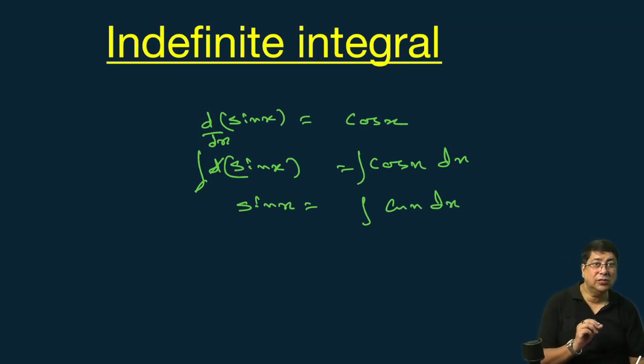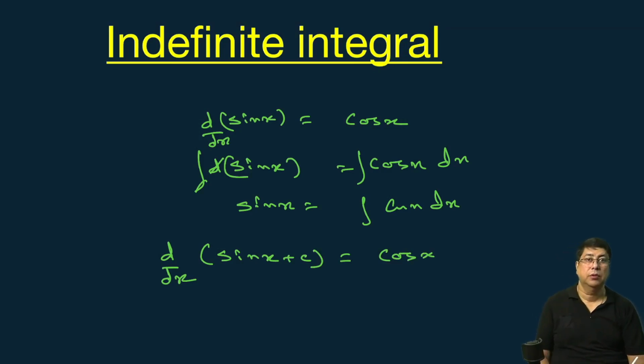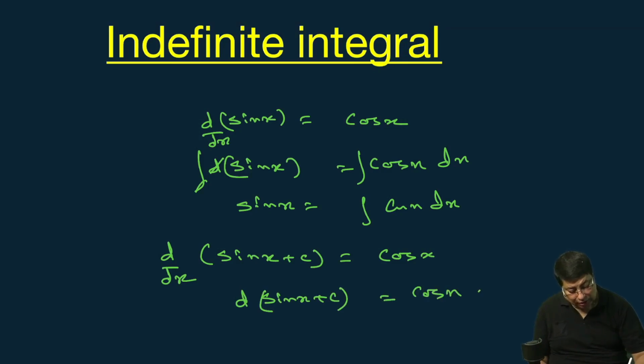Now just understand one more concept. If I write d/dx of sin x plus any constant, suppose this is c, that is equal to cos x, because the derivative of any constant is 0. Therefore we can say d of (sin x plus c) equals cos x dx.